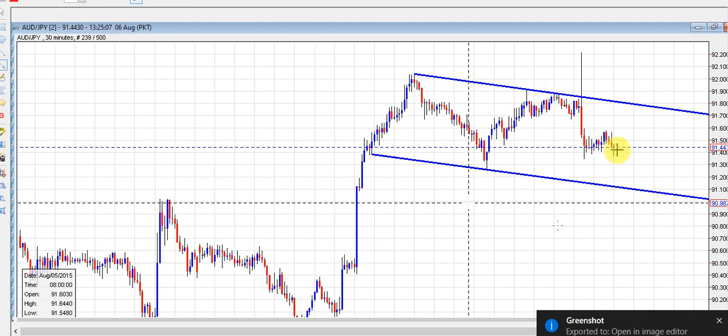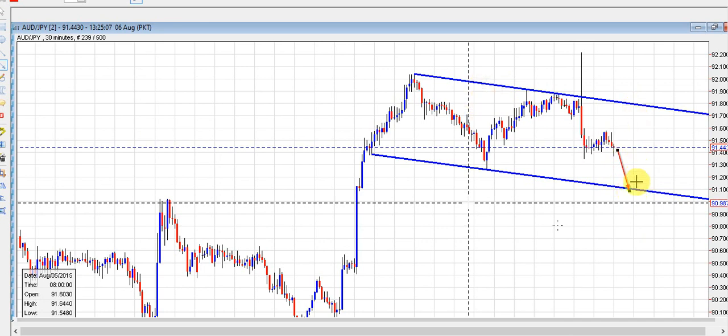It can hit probably here, and if it starts bouncing from 91.10, let's say 91.07, 91.10, then this is more likely to be taken as a bull flag, and we can probably end up doing something like this, testing it, then probably coming lower, and then being a bull flag, break it, and probably get a new high.